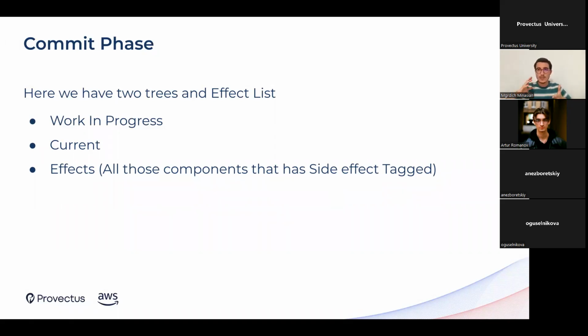And since you are applying all of those effects onto the DOM, you have to do it in a single commit. Otherwise, you will have a very jagged UI, and your UI will look broken because you did update it in bunches. That's why the commit phase is synchronous, because you have to do all of your DOM updates in a single batch.